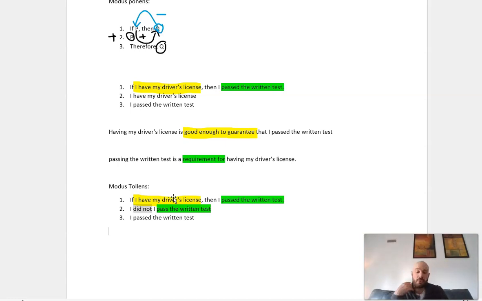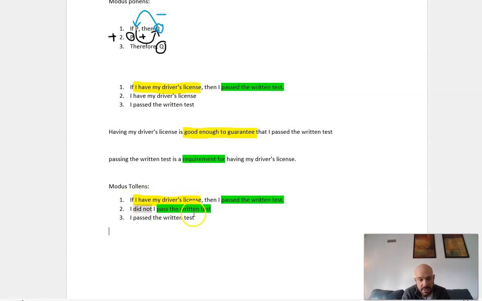So what we're looking for is a genuine necessary condition, one that legitimately plays the role of requirement for something else, in such a way that if it doesn't exist or it's not true, then the sufficient condition has to be false as well. So consider: if I have my driver's license, I passed the written test.